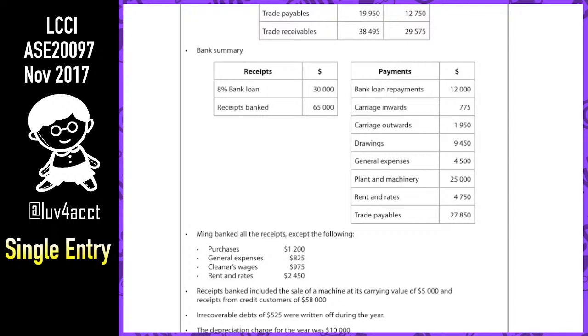So we have cash purchases, general expenses here 825. Cleaners wages 975. Rent and rates 2,450 here.